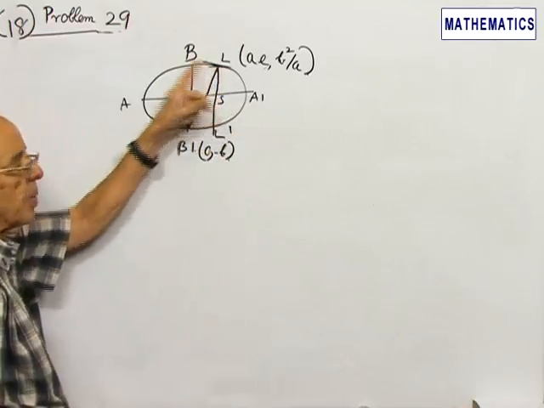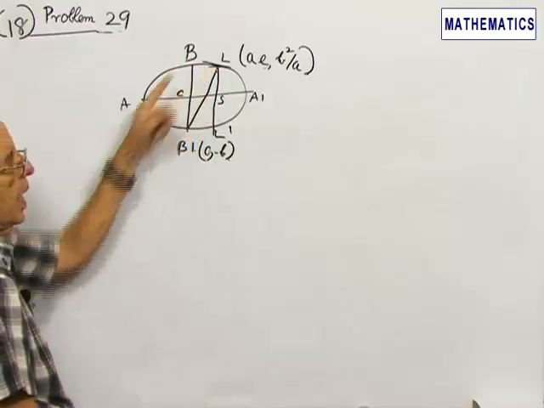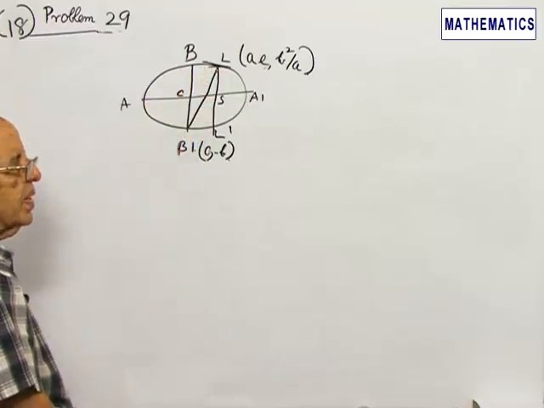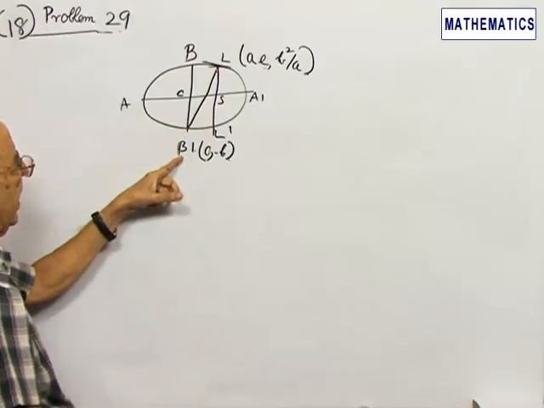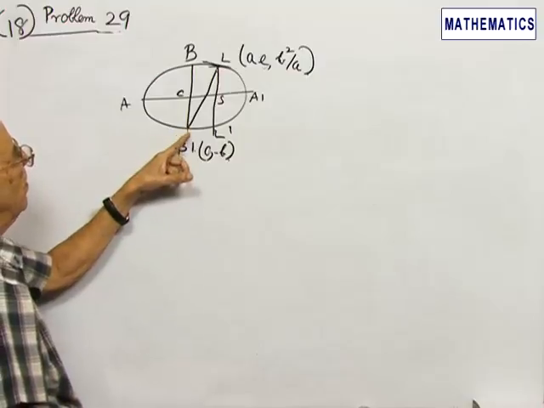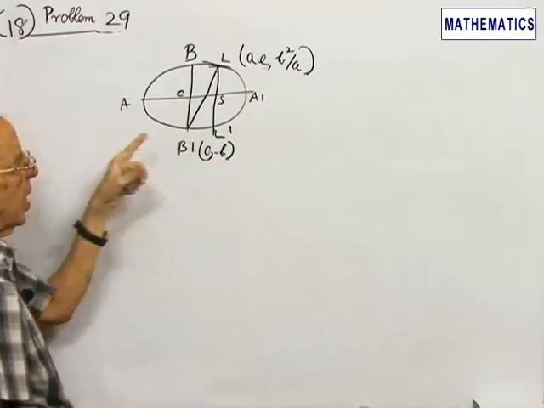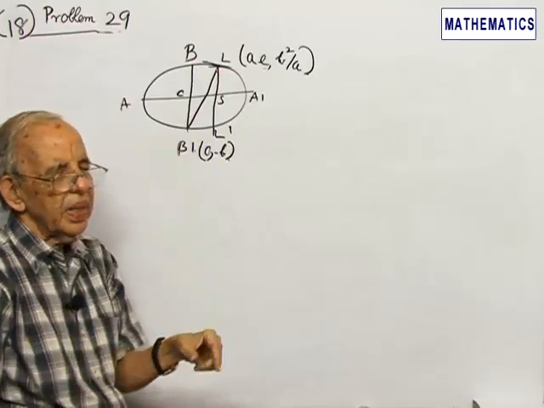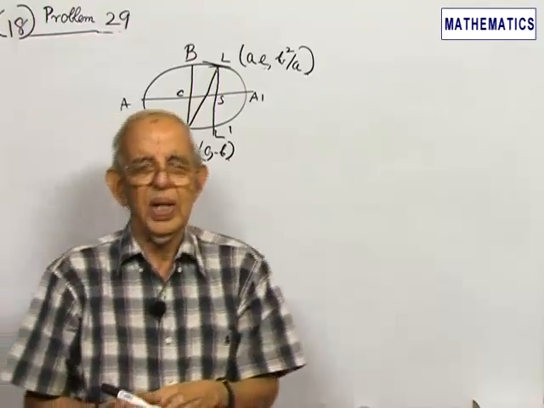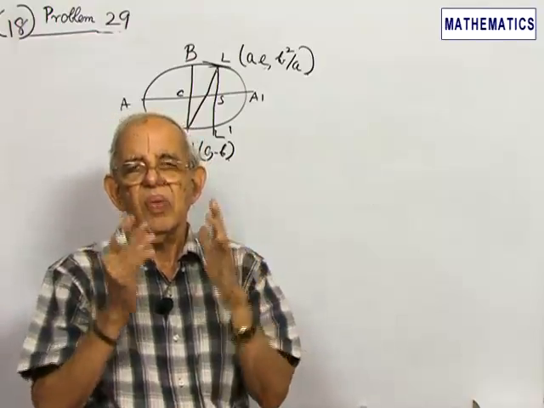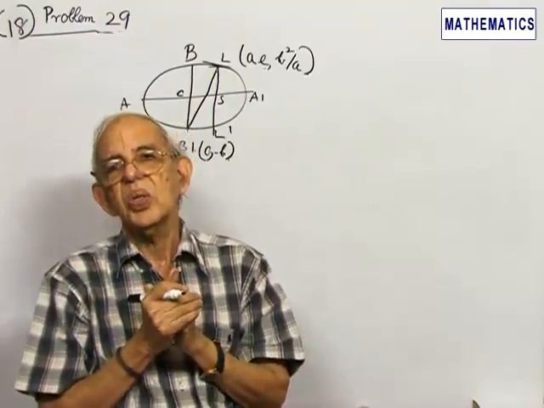You draw the normal to the ellipse at L. He says that it passes through the end B1 of the minor axis. Then you have to get a relation in e, the eccentricity of the ellipse. You are given 4 relations, of which you have to choose the correct one.